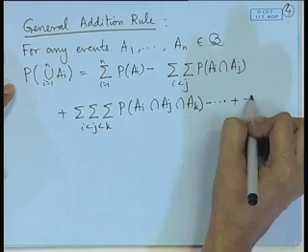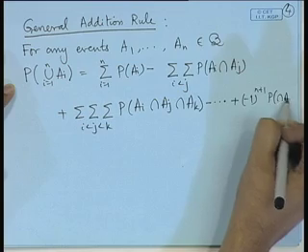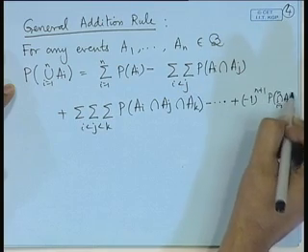Finally, you will have minus 1 to the power n plus 1 probability of intersection Ai, i equal to 1 to n.